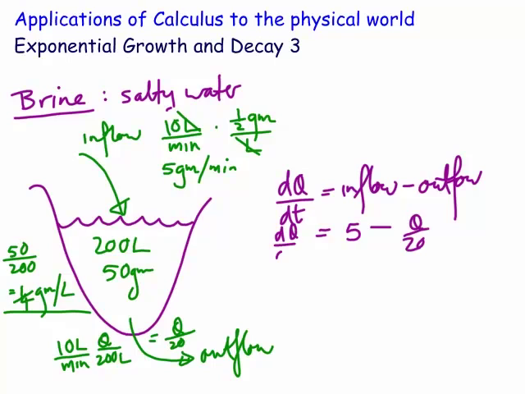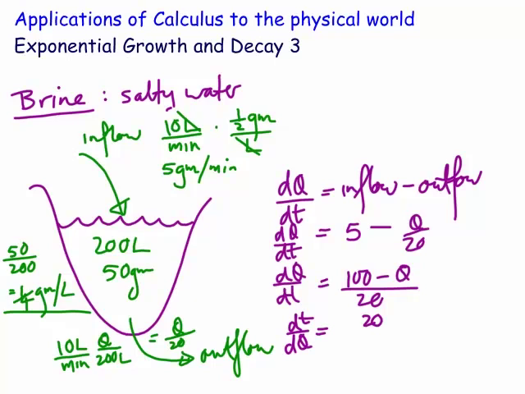And from here you can actually set it up. So you can go, let's write that, that's 100 minus Q on 20, dq dt. Okay, and you turn it upside down and integrate, so you get dt dq would equal 20 on 100 minus q.